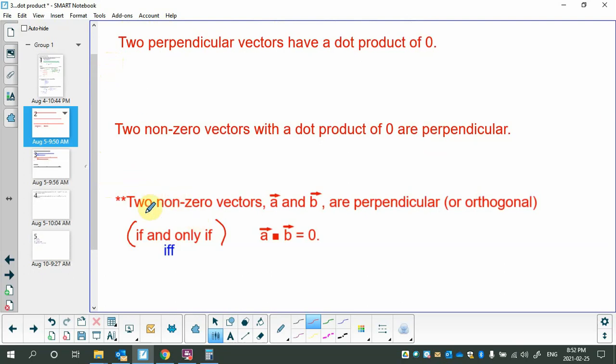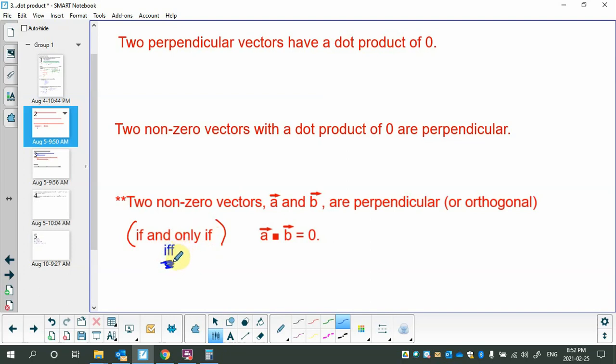So this says that two non-zero vectors, A and B, are perpendicular and the dot product is 0. It's also saying if the dot product is 0, you know they're perpendicular. And the symbol for this in mathematics, and I say symbol, it's not even an acronym, it's just a short form, is anytime you want to say if and only if, it's IFF. So it's if with an extra F.